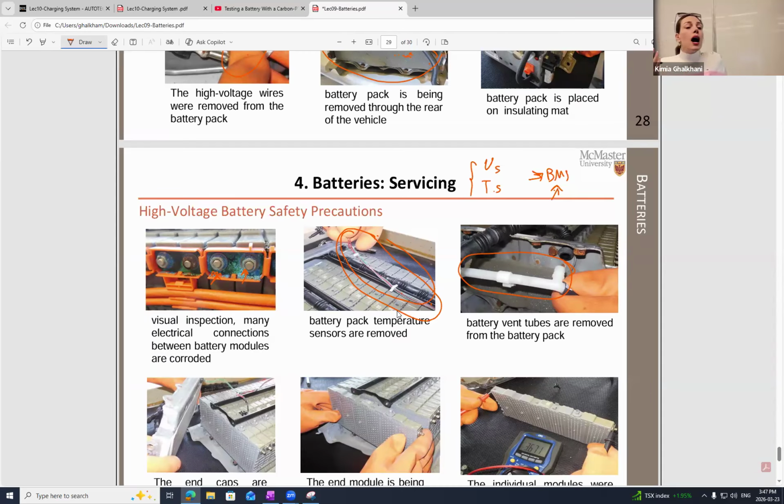But passive means I'm having, let's say, plates or something else in between. There are different methods, or wax, which we call phase change material, PCM. Those are what we call passive cooling systems, which are more common nowadays for high quality battery design. But if it is active, we have to remove the pipes or tubes from the battery, because we don't want water around while we are testing.